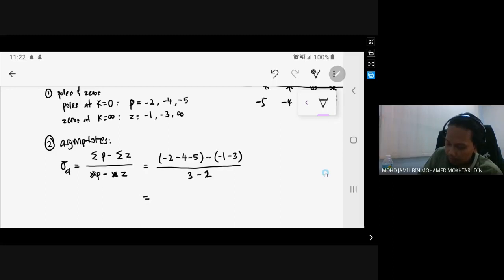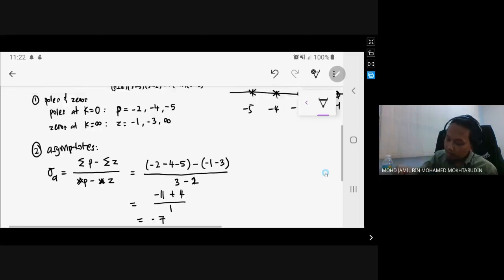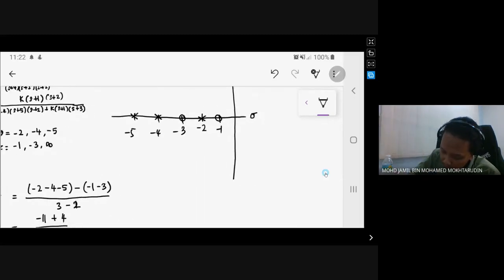So kita akan dapat -11 plus 4 over 1. Kita dapat -7. Betul ke ni? So kita boleh sketch asymptote kita.